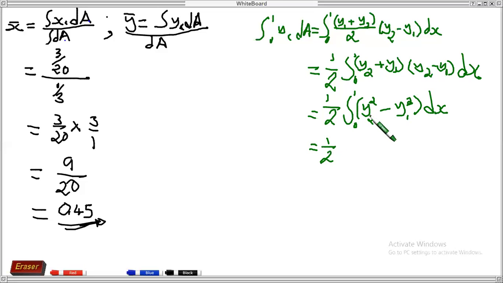Okay, so you still have your half outside. Then inside here, you substitute the other equations.